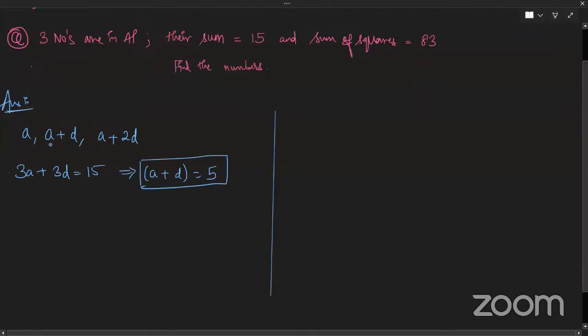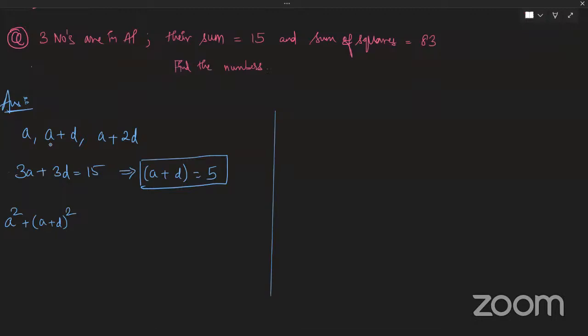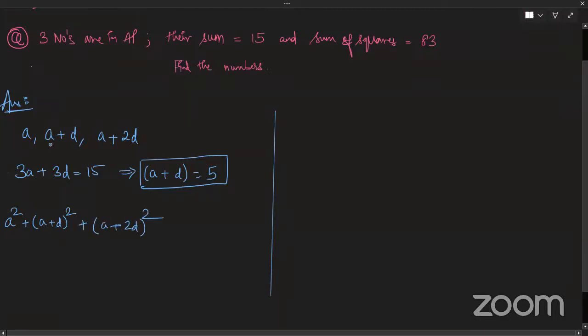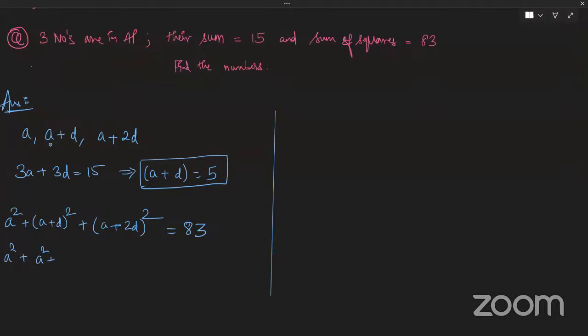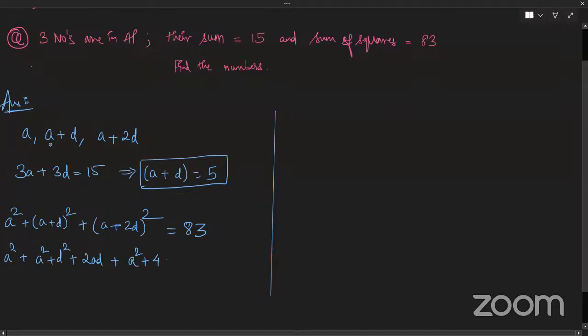Okay. And you know that the sum of squares is 83. So when you take the sum of squares, it is A square plus (A plus D) square plus (A plus 2D) square, right? This is equal to 83. You can open the squares. So it is A square, plus A square plus D square plus 2AD, plus A square plus 4D square plus 4AD, right?